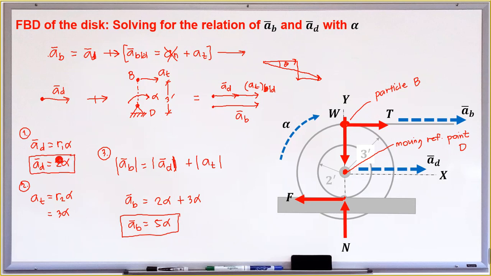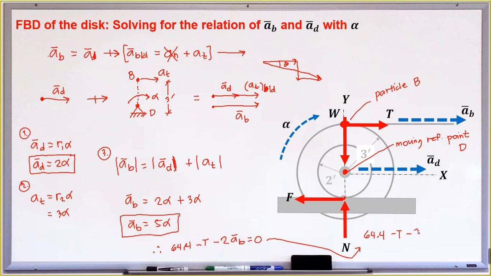So in the previous slide, we had 64.4 minus T minus 2 times A bar B is equal to 0. So therefore it can also be 64.4 minus T, and then minus 2 times 5 alpha.